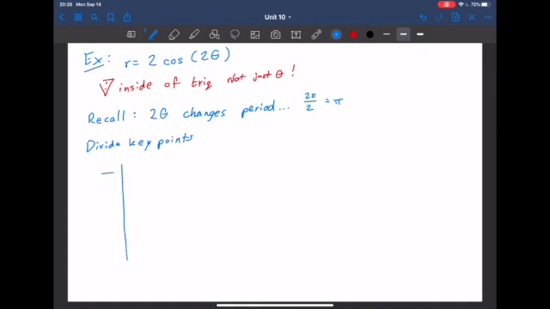Instead of 0, pi over 2, pi, 3 pi over 2, we're going to get 0, pi over 4, pi over 2, 3 pi over 4. And we might have to keep going until we have a clear picture.